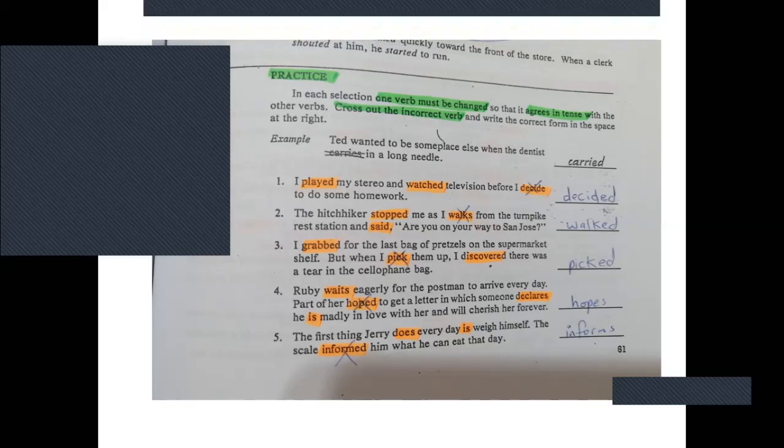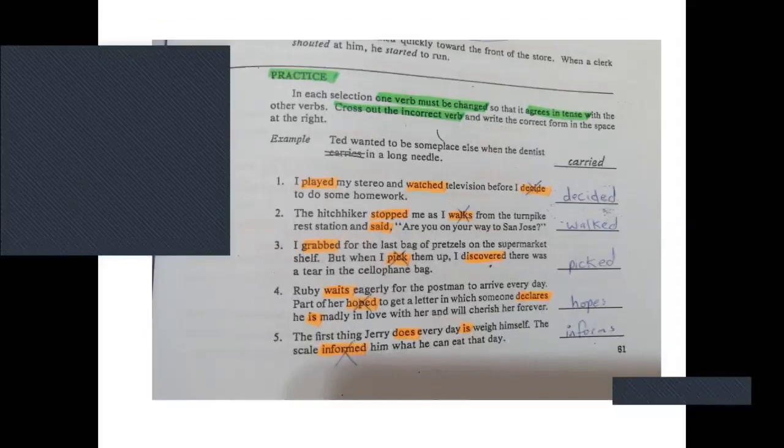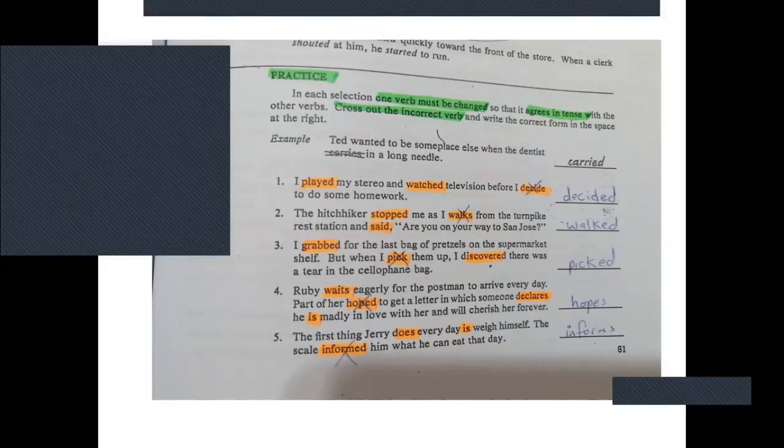Now, you're welcome. So it's okay if you write your answers immediately to work with me. I grabbed for the last bag of pretzels, and we said the pretzels are kind of salty biscuits, on the supermarket shelf. But when I picked them up, I discovered there was a tear, مثل ممزوع, in the cellophane bag. Now, here I'm narrating what happened with me while I was at the supermarket. So I say I grabbed, يعني held, يعني حملت, grabbed, okay?